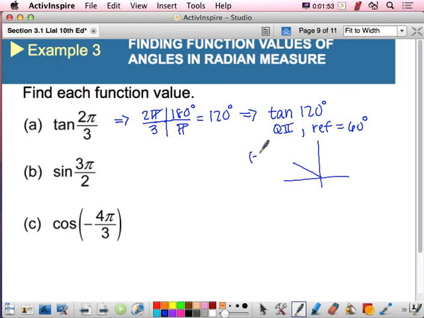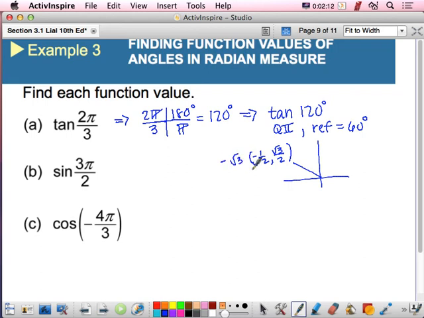Well, I'm sorry, 60 degrees would have +1/2, but over here in quadrant 2, the x values as well as the cosine values are negative. So -1/2, positive square root of 3 over 2, and a tangent value, remember, is square root of 3 for 60, so it's negative square root of 3 here.